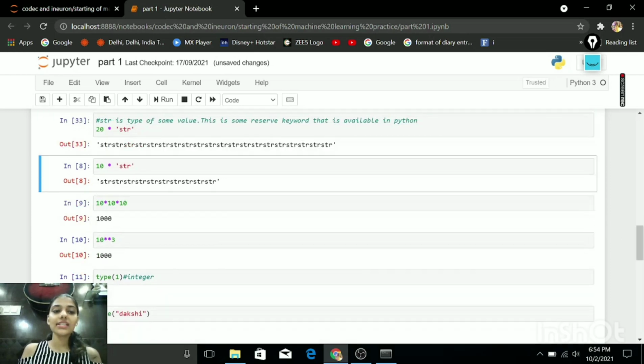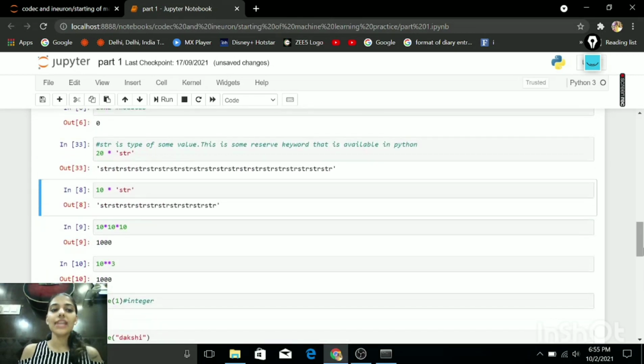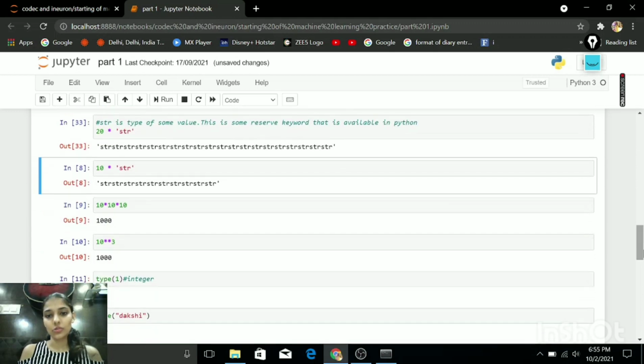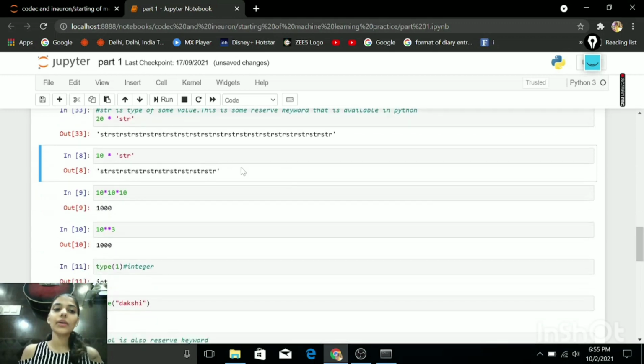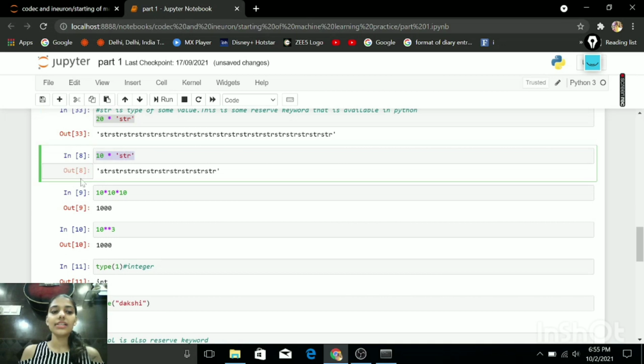After this, str is a type of some value. This is a reserved keyword that is available in Python. Okay guys, float is also a reserved keyword and str is also. So 20 multiplied by str is 20 times str, 10 times str is 10 times str.